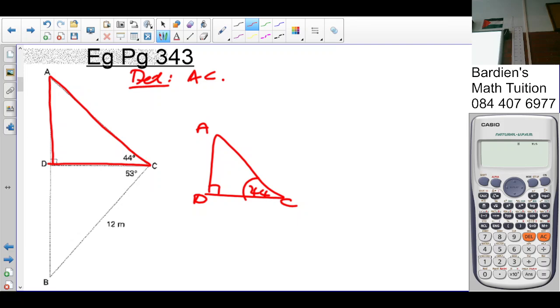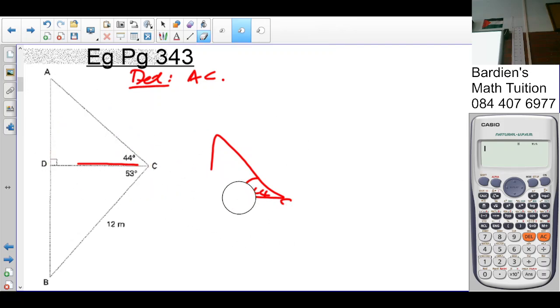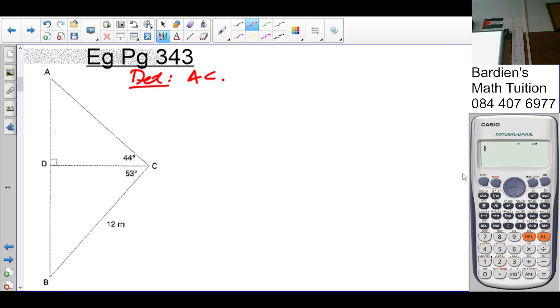So that's not going to work. So now let's go to another triangle and let's see. She's saying Pythagoras, can you calculate Pythagoras in this one? No. You don't even have one side, so how are you going to apply Pythagoras?